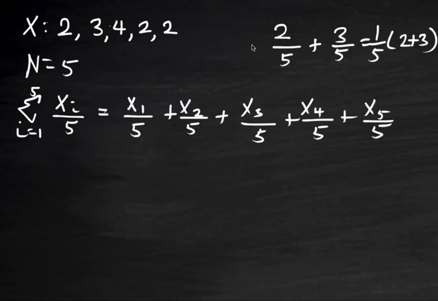If you're not convinced, let me show you real quick. 2 divided by 5 plus 3 divided by 5, that's 5 divided by 5, which is equal to 1. 2 plus 3 divided by 5, well, what's 2 plus 3? That's 5. And dividing that by 5 is equal to 1.